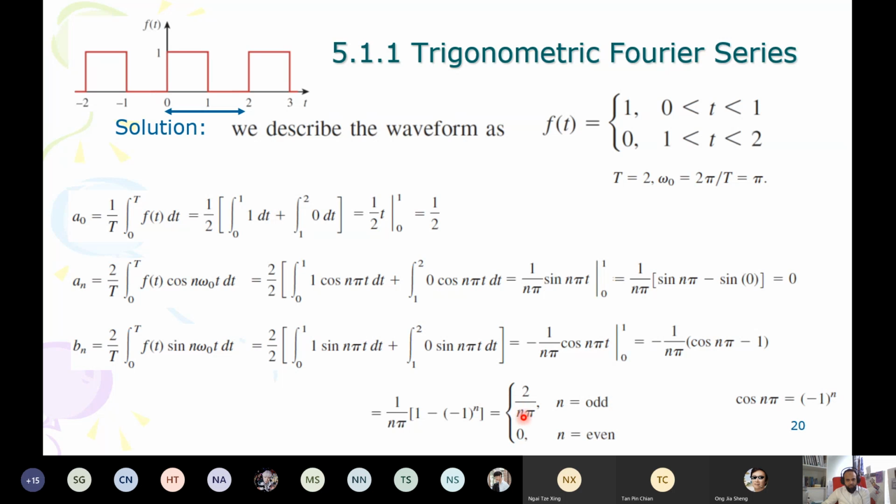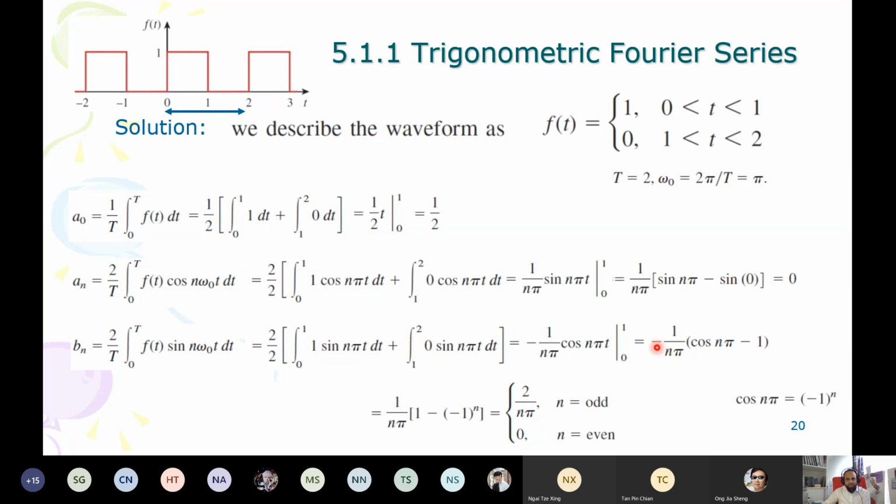Don't worry about this, this is just how to write it. When we get 1 minus 1, it will be 0. That's why for even n it is 0, and for odd n it will be 2 upon n pi.